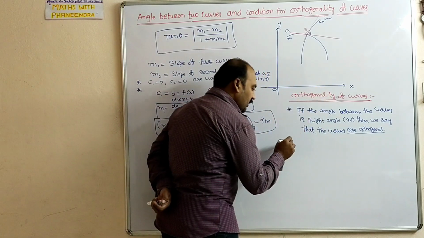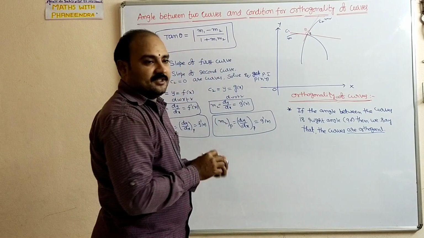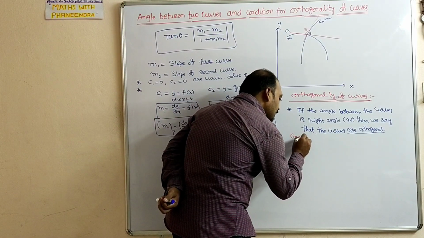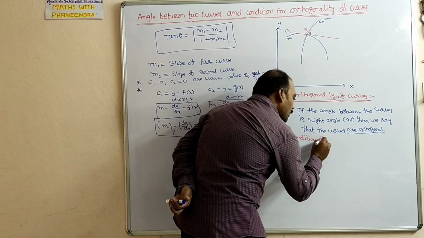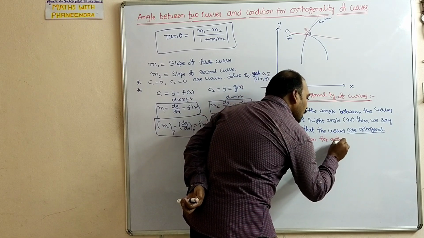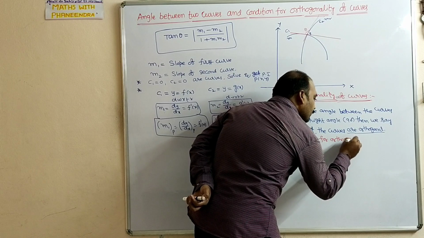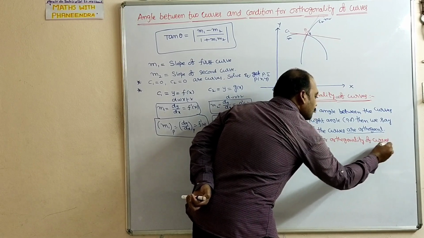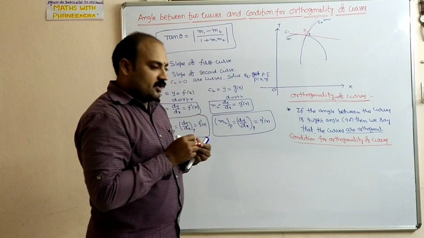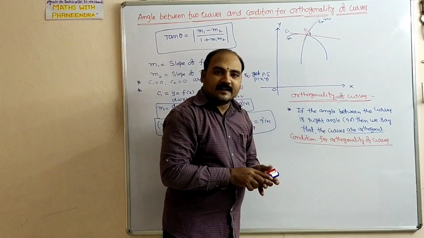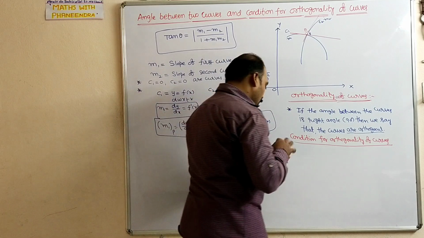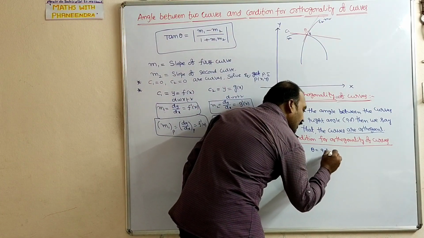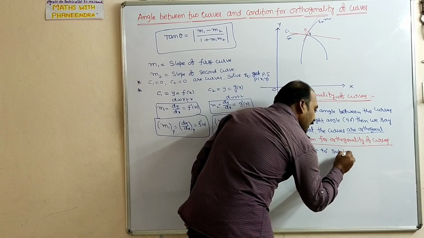Now, the condition for orthogonality of curves: how do we get it? If the angle between them is 90 degrees, theta equals 90, substitute in the tan theta formula.